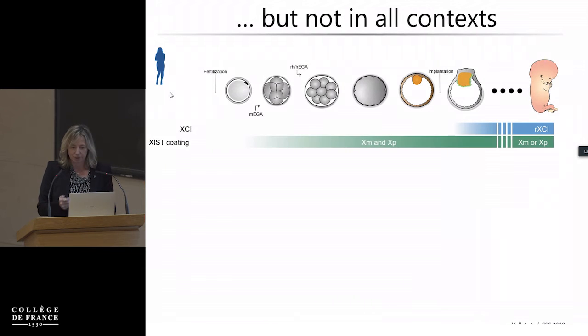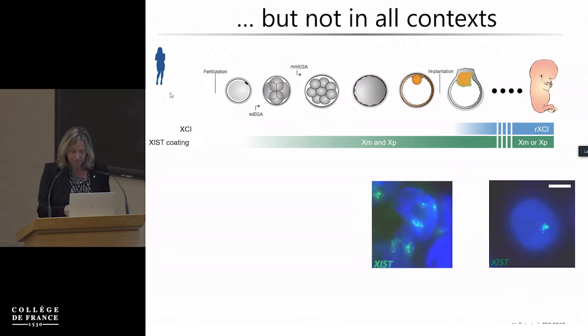But what is absolutely striking is that GXIST expression and accumulation starts way before X chromosome inactivation. So as soon as the zygotic genome gets activated, GXIST is expressed, GXIST starts to accumulate and to coat or decorate the two X chromosomes and actually the single X in male cells.